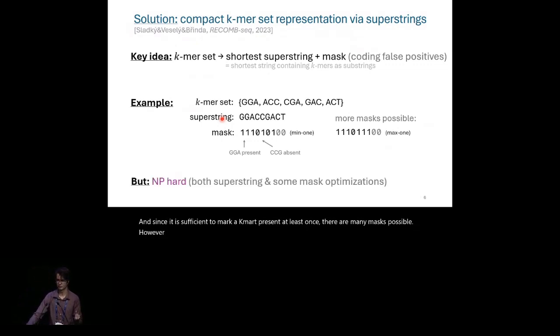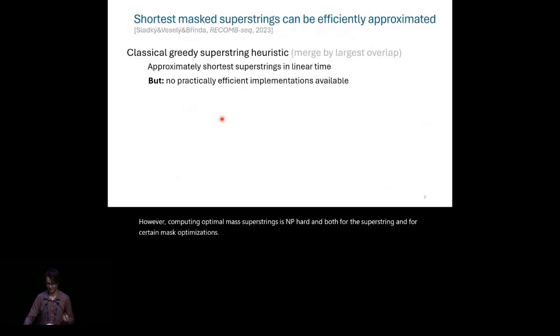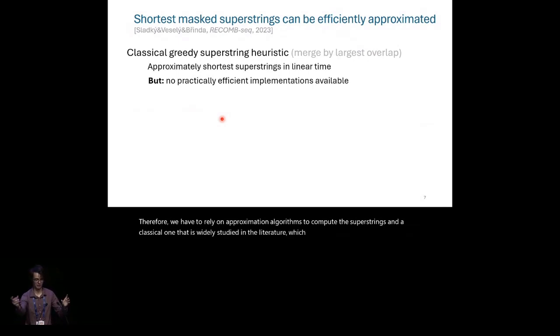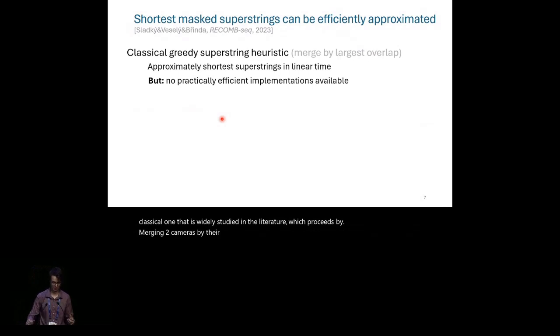However, computing optimal masked superstrings is NP-hard, both for the superstring and for certain mask optimizations. Therefore, we have to rely on approximation algorithms to compute the superstrings, and a classical one that is widely studied in the literature, which proceeds by merging two k-mers by their largest overlap, computes a short superstring in linear time.